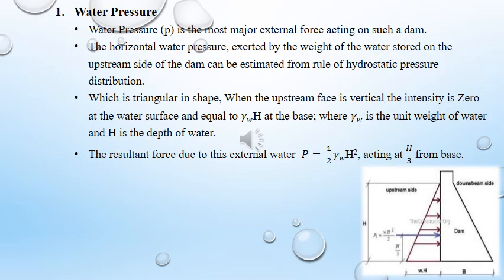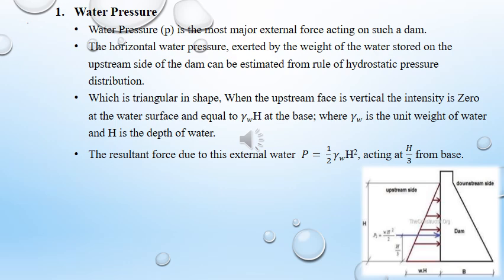First, very important, is the water pressure. This is the major external force, or you can say the major disturbing force, acting on a gravity dam when the upstream face of the dam is vertical. The water pressure acts horizontally.